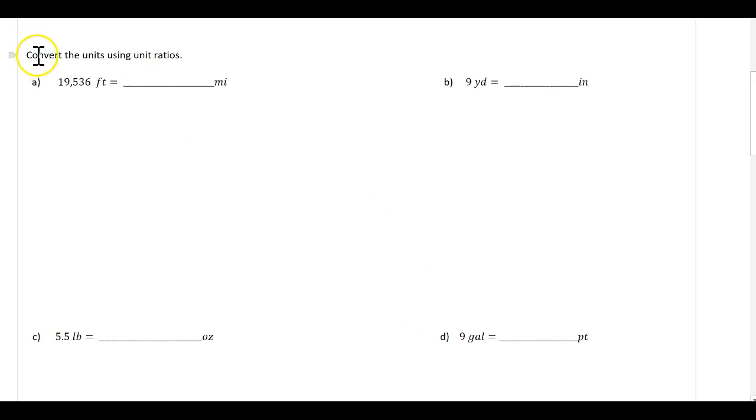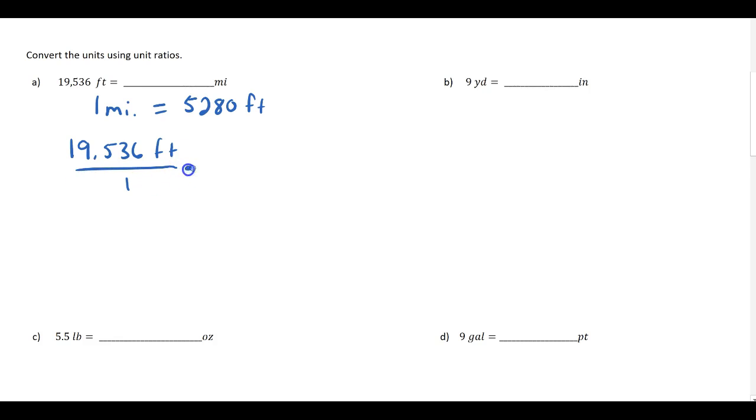I want to convert 19,536 feet into miles. If you look at that conversion chart again, it says that 1 mile is equal to 5,280 feet. When we set these up, we're going to start out with the amount we're starting with, 19,536 feet, over 1.